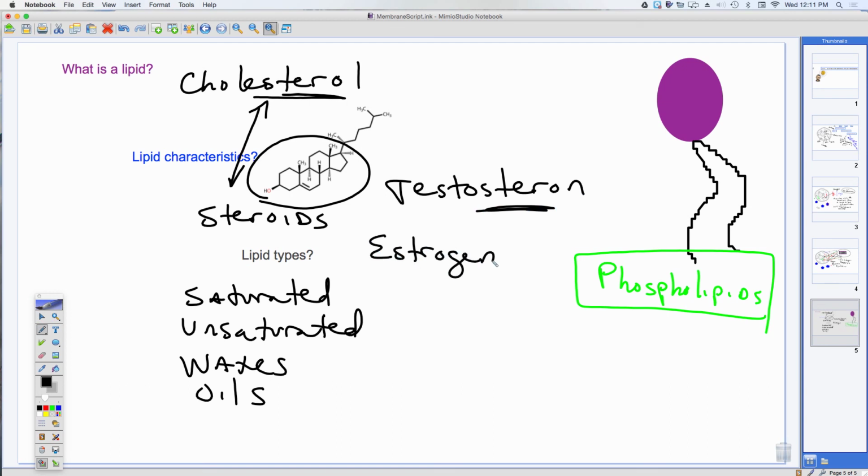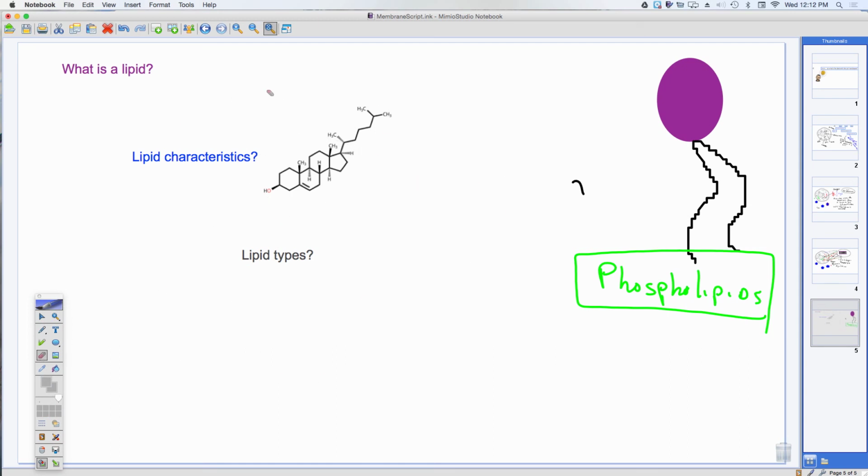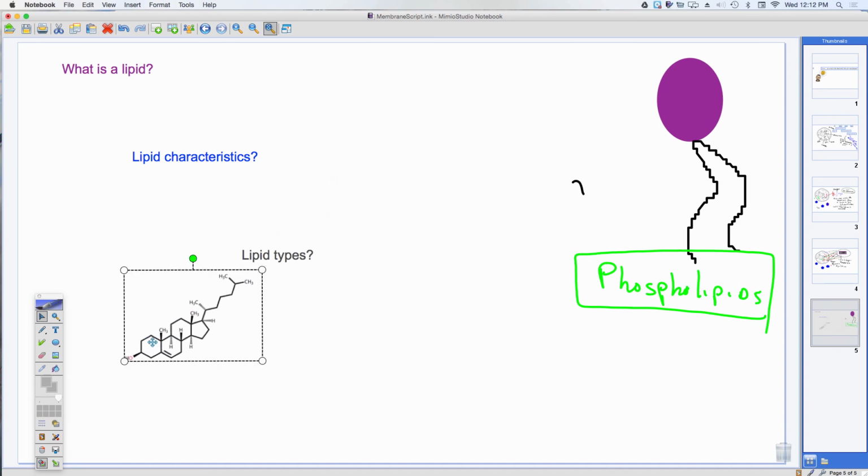Testosterone. Again, you can see stero in there. Estrogen. These are all steroids. They all have the same basic structure that you're seeing here, and they can be important communication molecules.